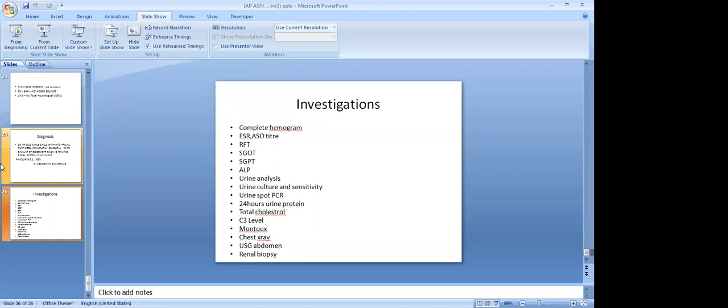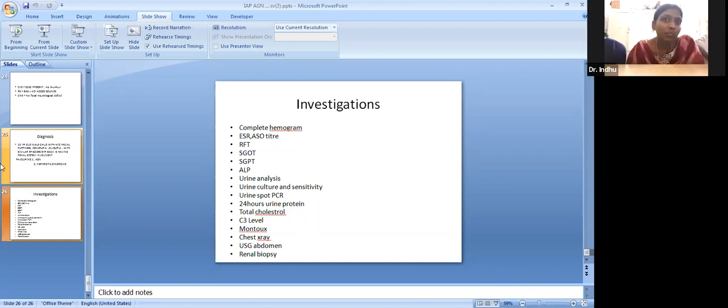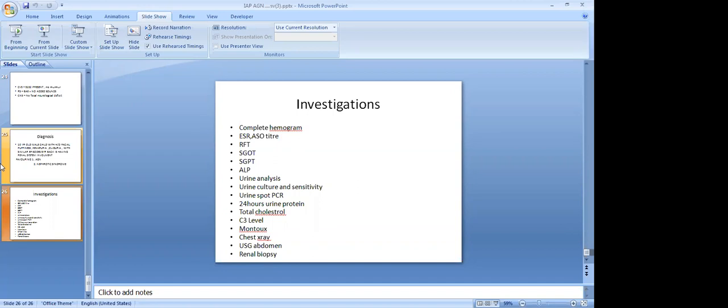If the hemoglobin here was 7, what will you think? What chronic? Voice is very blurred. Okay, go on.